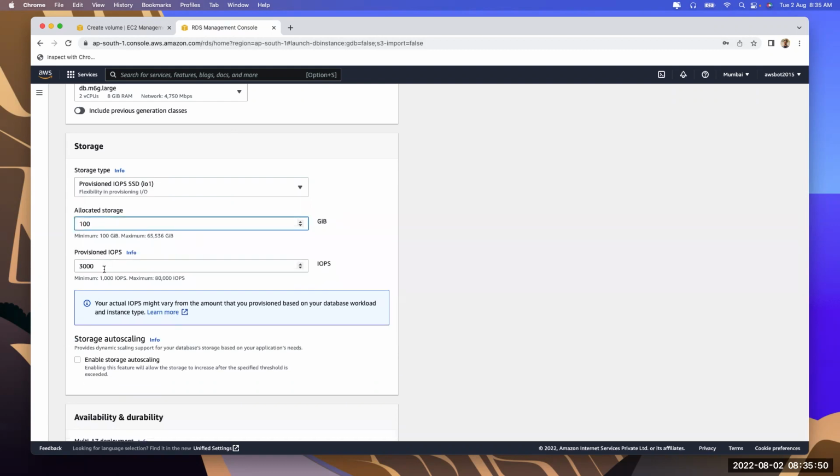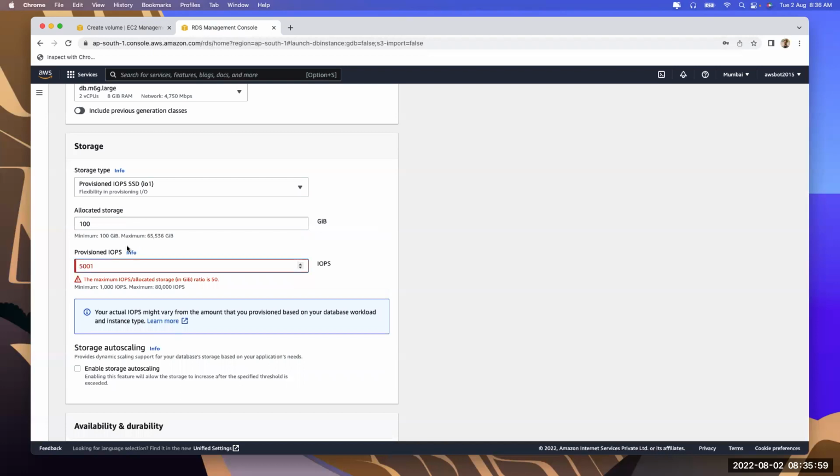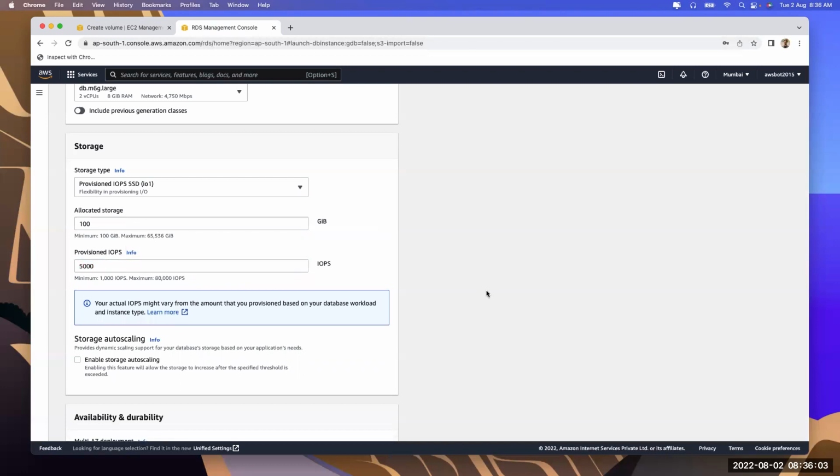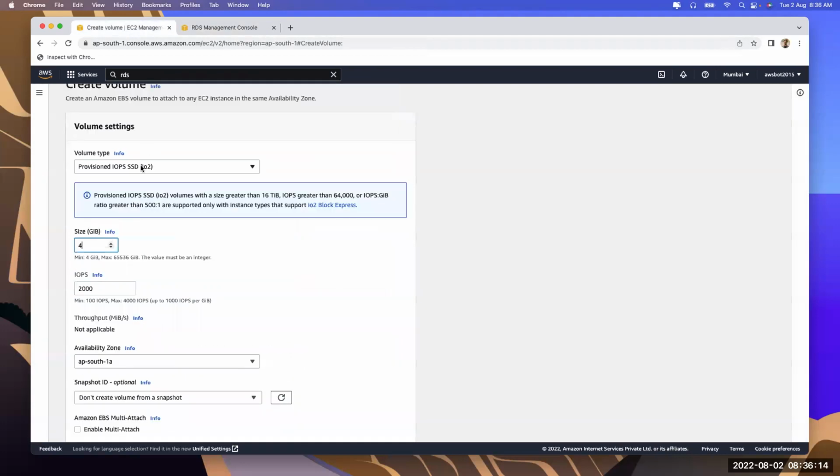So with 100 GB, if you go over here, you can go for a ratio of 1 is to 50, right? So if it is 100, you can go for 5000 IOPS. The moment you make it 5001, it will again error out, because remember, the ratio is 1 is to 50 inside IO1. This thing you did not understand inside RDS. You should understand it now once we are done with IO1 and IO2.